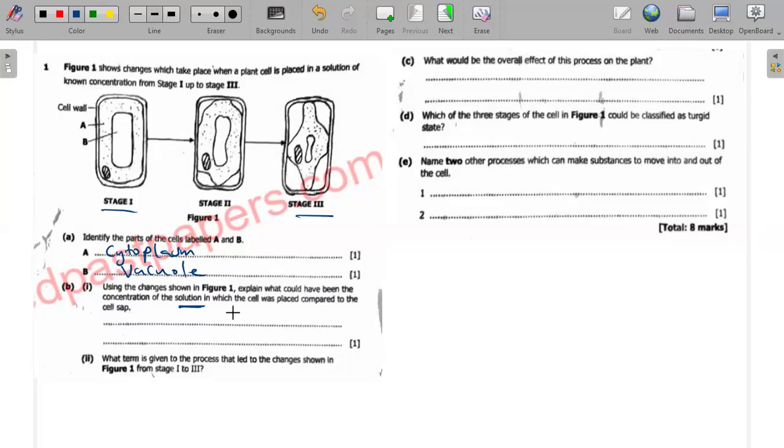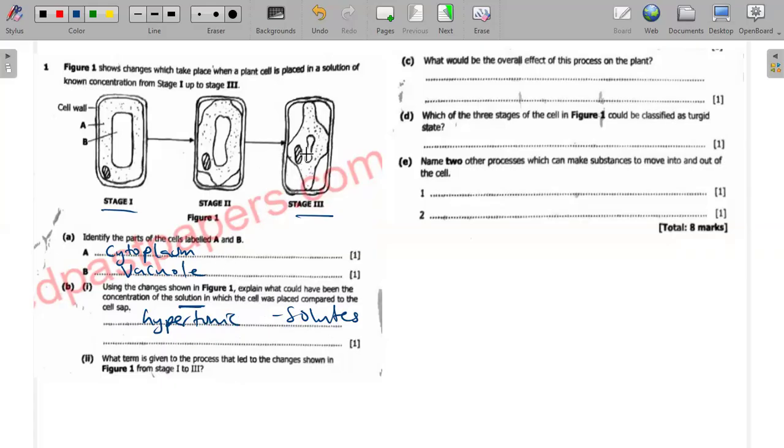So this means that it was placed in a hypertonic solution, which is a solution that has more solutes than solvents, hence causing the water or the solvents that are in the cell sap to move out of the cell.